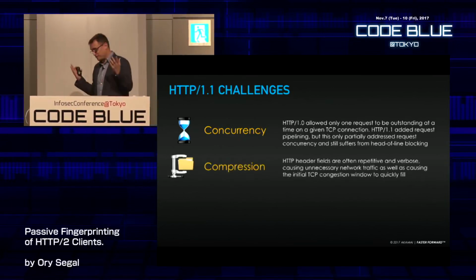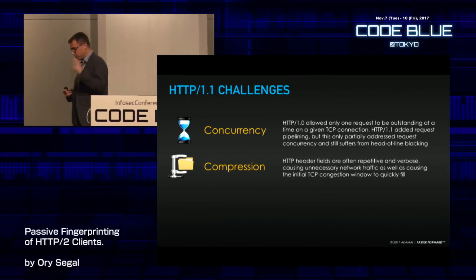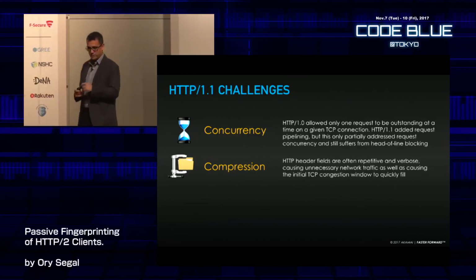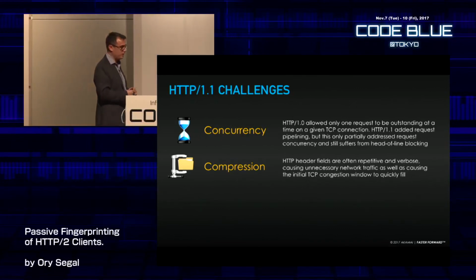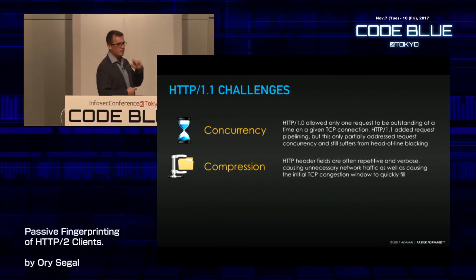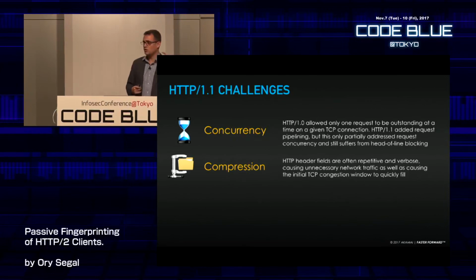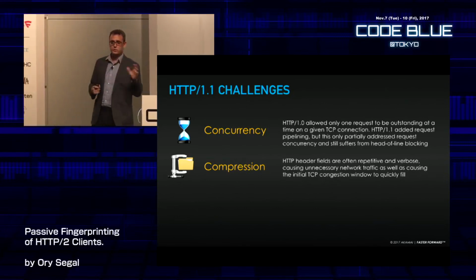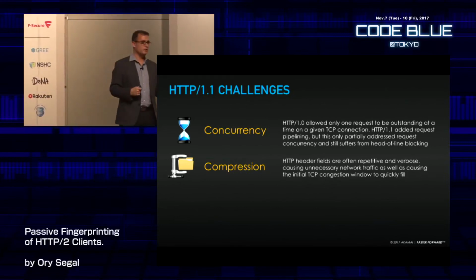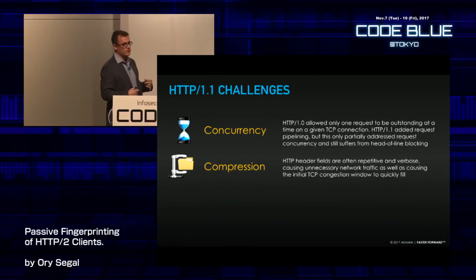The other problem with HTTP/1 is compression. There is compression in the form of gzip encoding, for example, through the Accept-Encoding header. However, the headers themselves, which make a nice chunk of the HTTP request, are going back and forth between the client and the server. Things like the cookie, the user agent, the connection header.